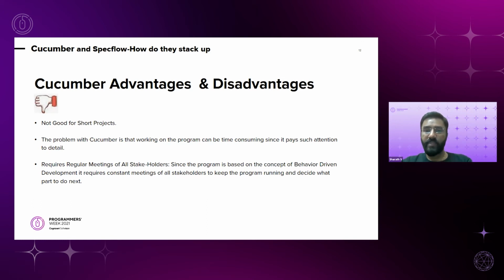Working on the program can be time consuming, since it pays attention to detail. And since we are talking about collaboration with Cucumber, we would want the stakeholders, the product owners, to be regularly involved in all the meetings, because they are the ones who provide a freeze on the requirements. So this is kind of a disadvantage.